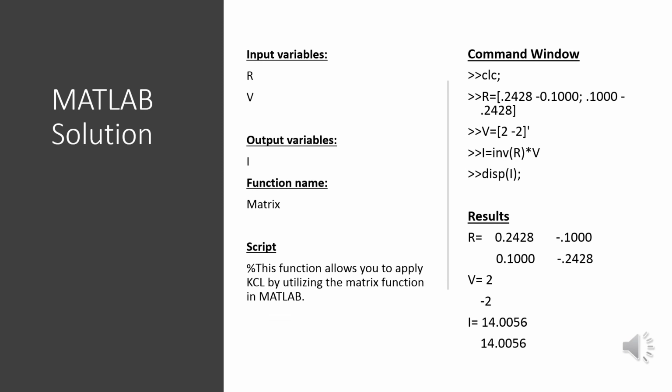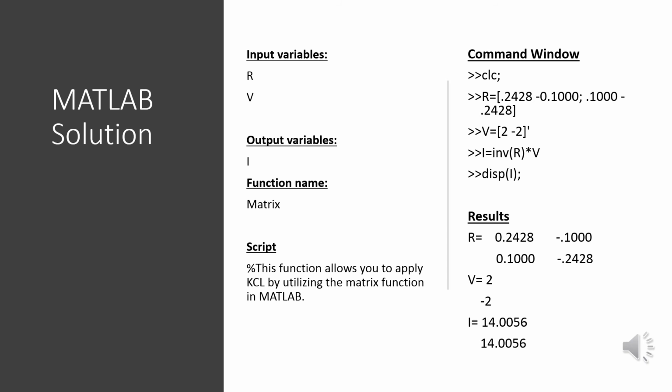The MATLAB solution to solving nodal analysis via the matrix method is using two input variables R and V, one output variable I, and the function name matrix. The script purpose is allowing you to apply KCL by utilizing the matrix function in MATLAB.